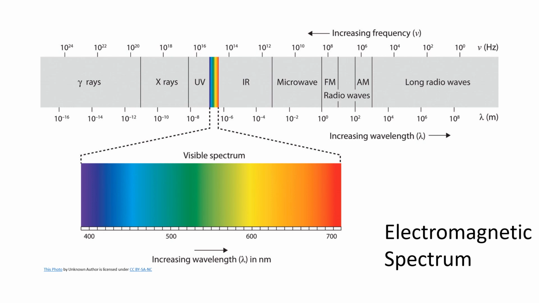We can talk about the electromagnetic spectrum in terms of energy, but we can also talk about it in terms of frequency and wavelength. Frequency tracks with energy, so high energy means high frequency, but wavelength is inverse to that. A long wavelength means low energy, and a short wavelength means very high energy.